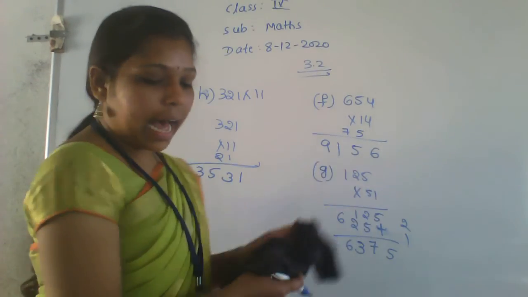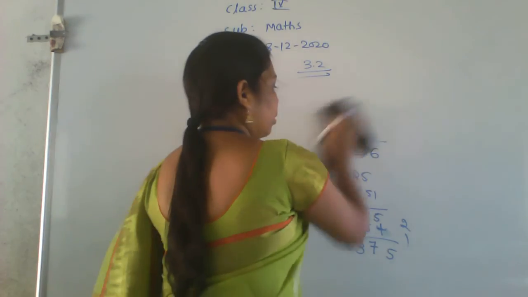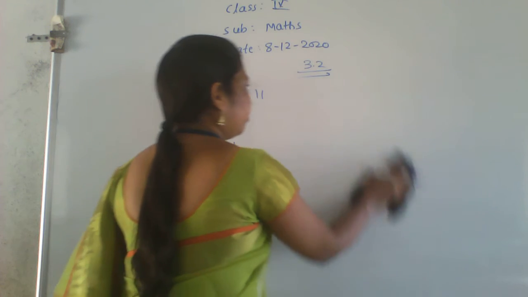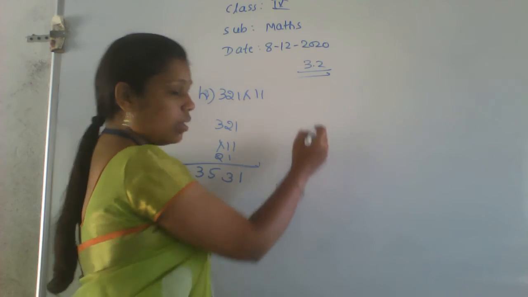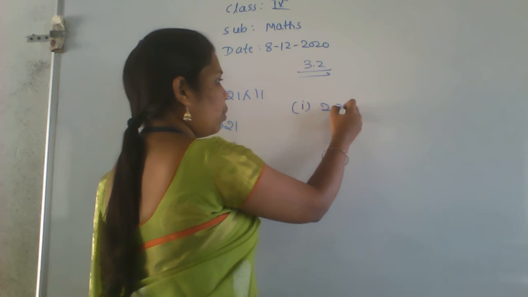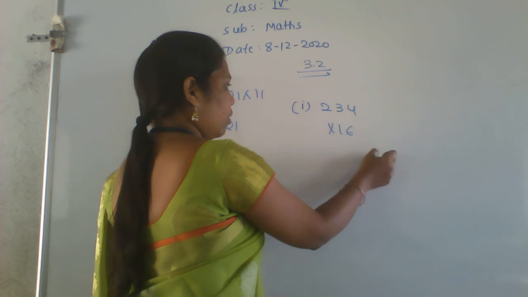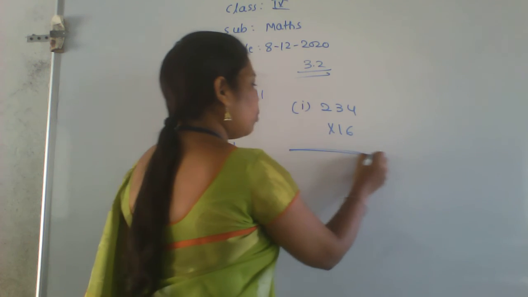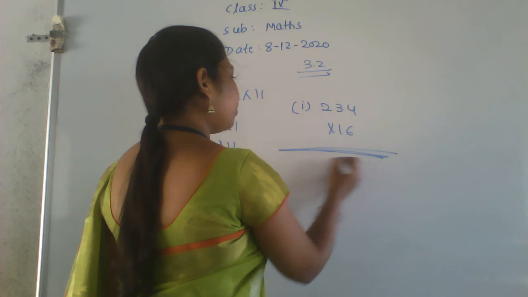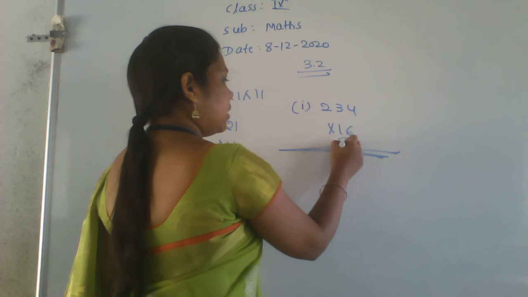Let's go for the I problem. What is the I one? 234 into 16. So 16 fours are how much? 64.